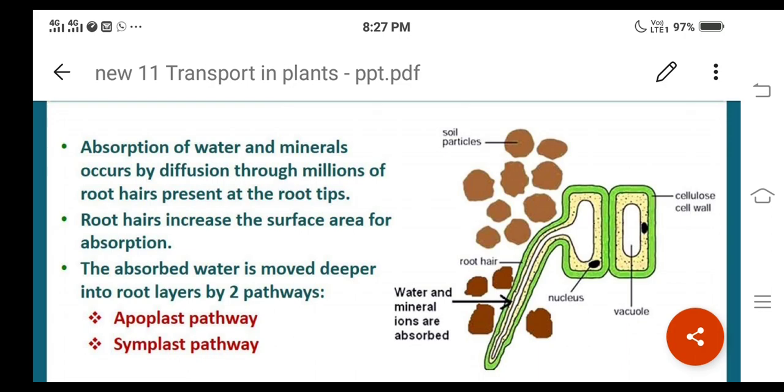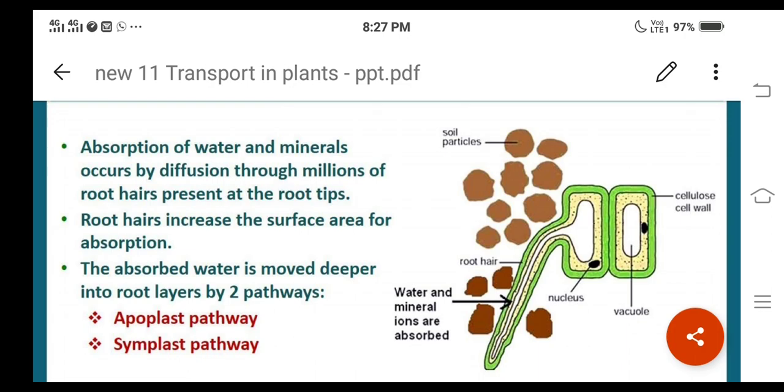Outside, you will find the soil particles, and in between the soil particles the water will be there. Plants will absorb which type of water here? The water present in between the soil particles is called capillary water. Remember, this point is important for competitive examinations. The plants absorb capillary water present in between the soil particles.